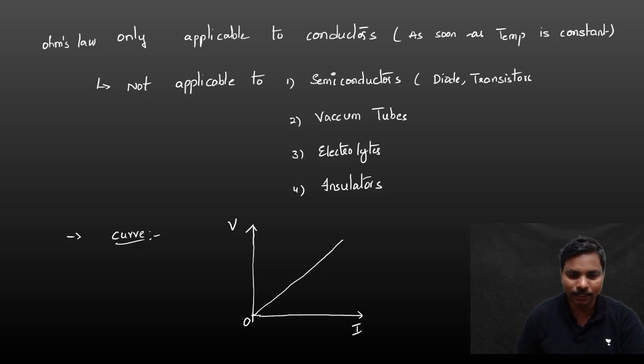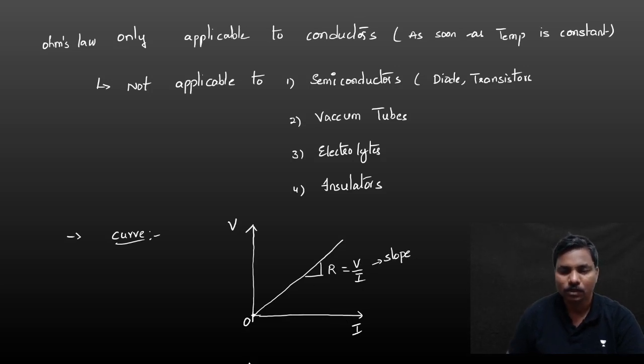This curve starts from the origin and is a straight line. The slope, change in y-axis by change in x-axis, is V by I. So the slope is nothing but resistance.